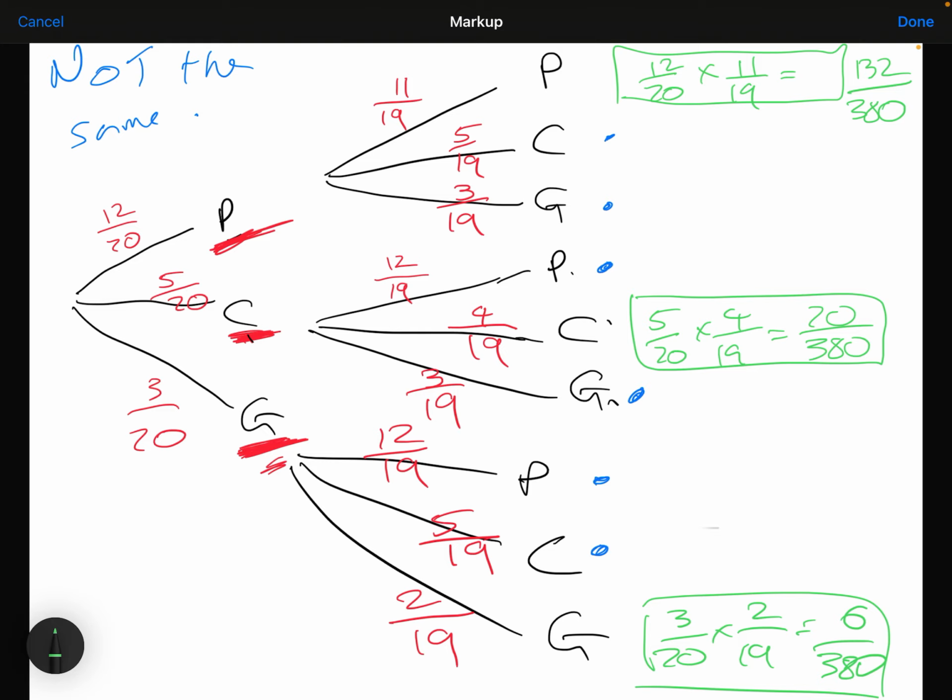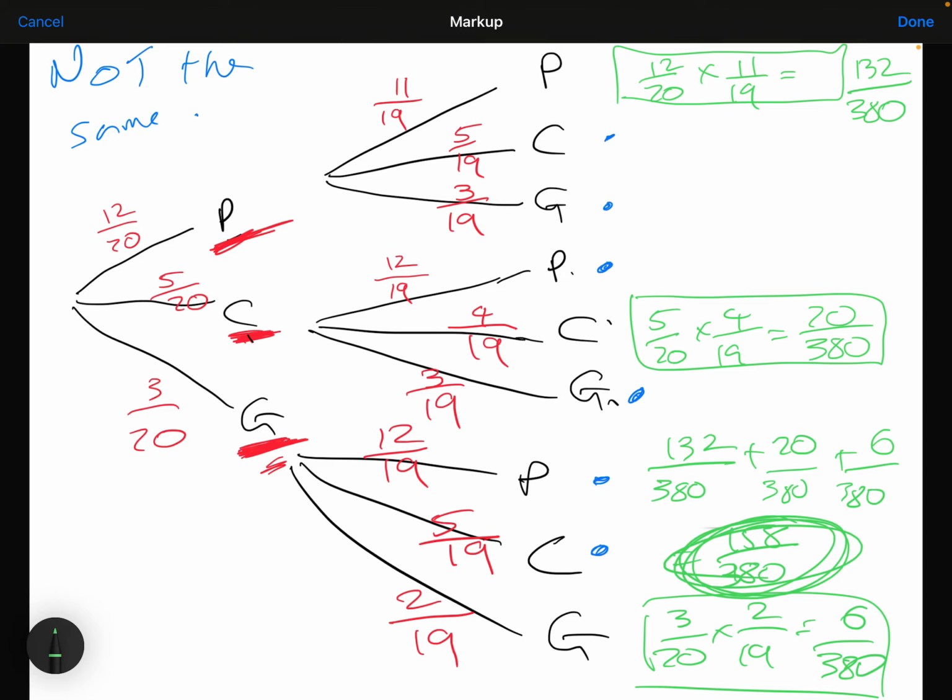If I add those three probabilities together, I get 158 out of 380. So this is the overall probability of me taking 2 biscuits that were the same, because that's the sum of plain and plain, chocolate and chocolate, ginger and ginger.